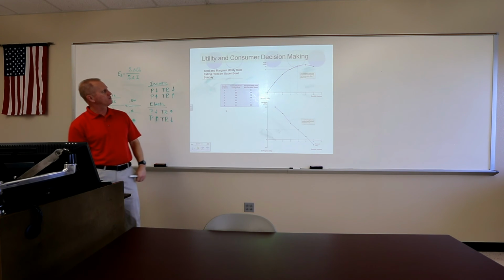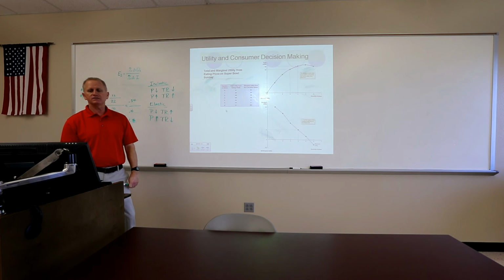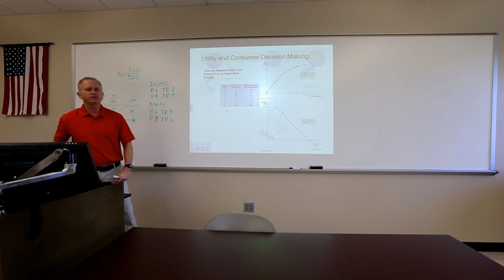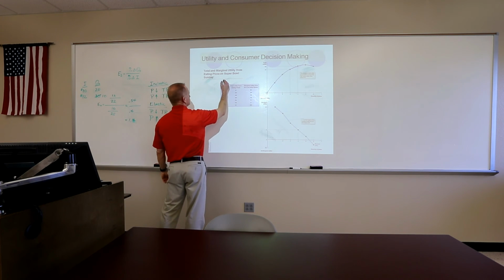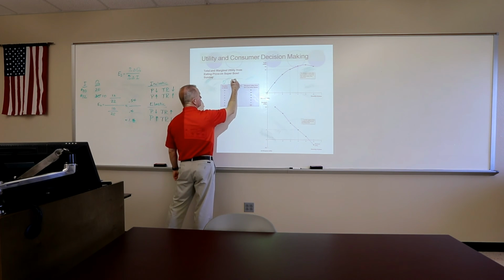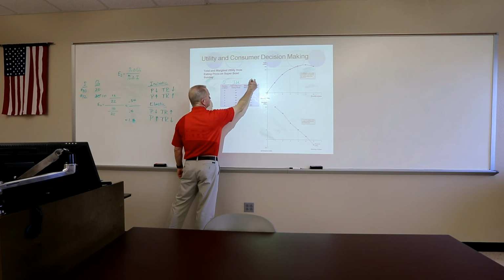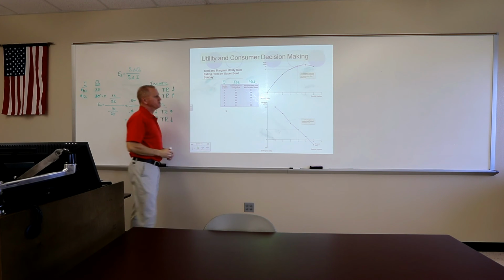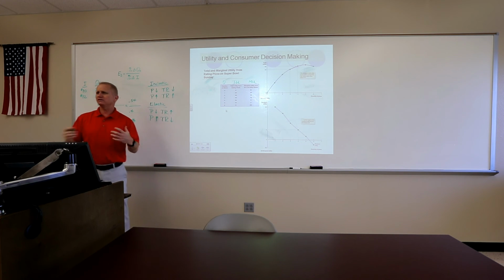This is total and marginal utility from eating pizza on Super Bowl Sunday. This is the quantity of slices of pizza, this is total utility, and this is marginal utility. Now you're probably asking, how do you get total utility? Who comes up with that? Well, it is kind of a nebulous concept.